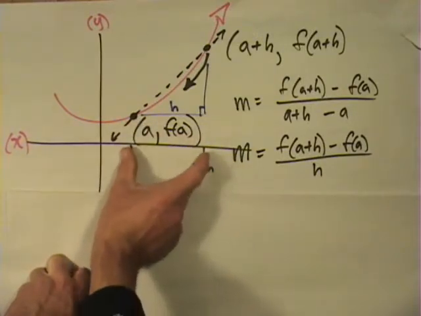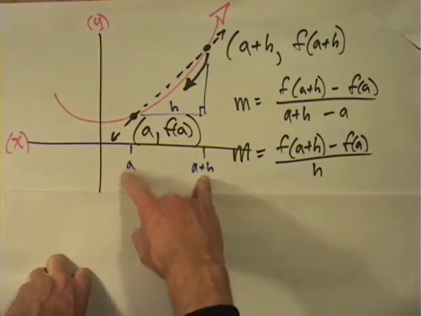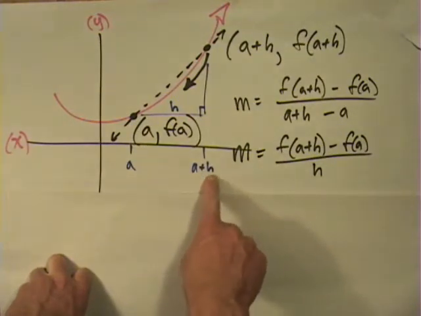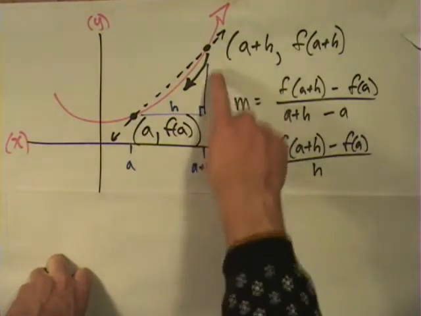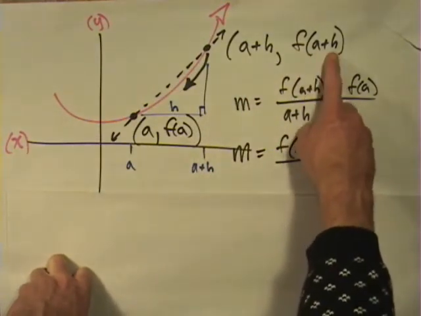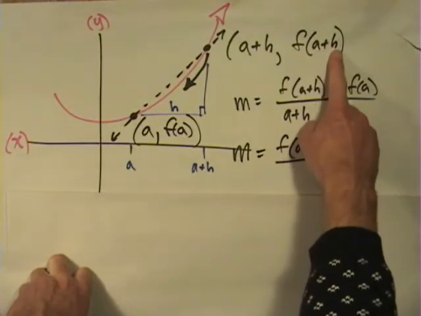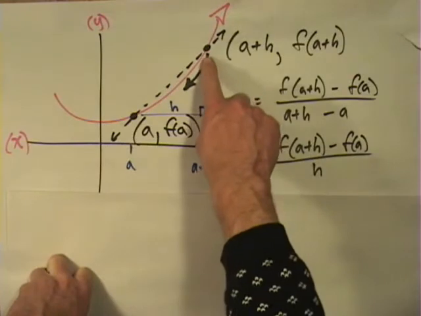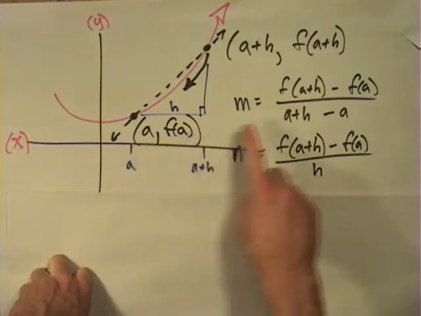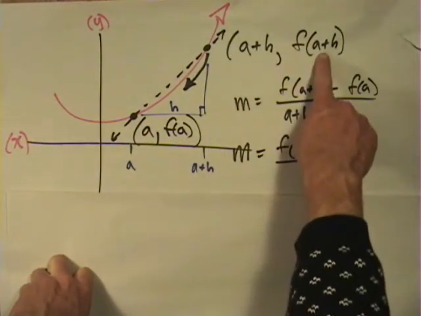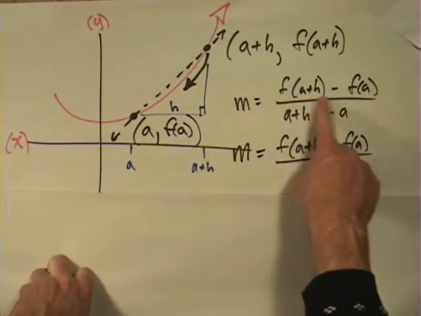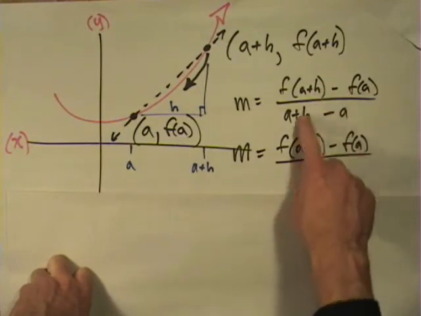If we add on some arbitrary amount, in this case we'll just call it h, so if I go over h, I am now at the point on my x-axis at a plus h, and then I go up an amount that's f of a plus h. So I evaluate the function with our extra little bit added on. Well, the slope of this secant line, that as this point comes closer and closer will become our tangent line, is simply the change in the y's, so my f of a plus h minus f of a, that's the rise.